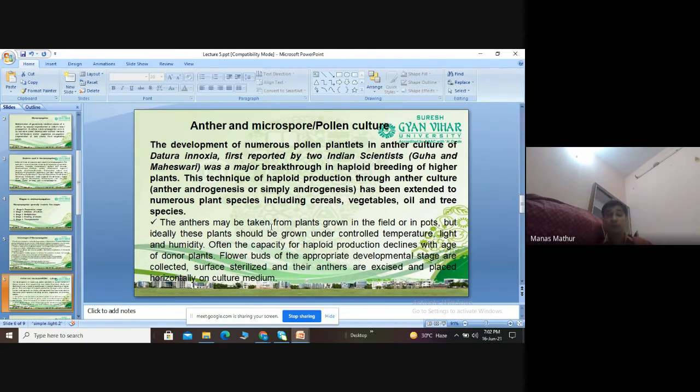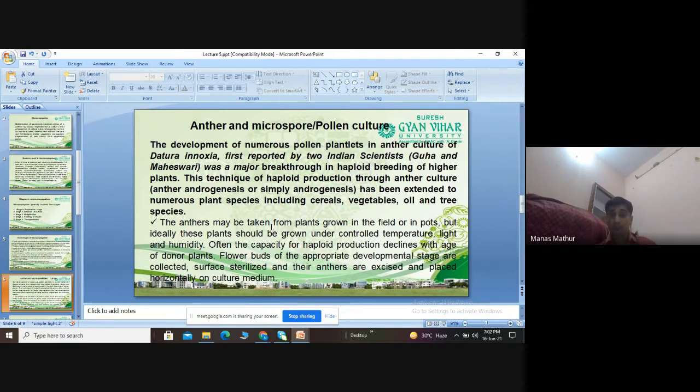Still, often the capacity of haploid production declines with the age of the plant. As the age of the plant increases, the rate of production in anther culture decreases.